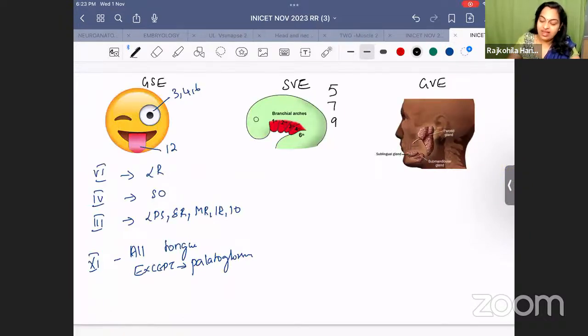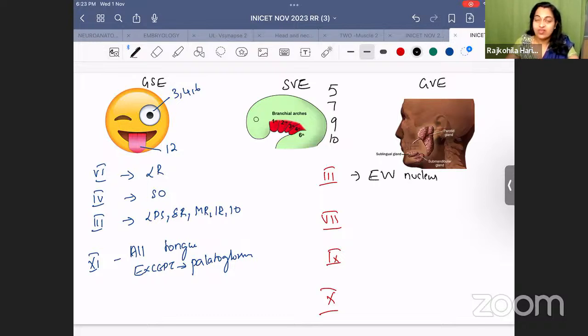5, 7, 9, 10. Coming to general visceral efferent, which means that they are going to be related to the parasympathetic component. Yes, tip of your fingers, can you tell me what are those nerves? 3, 7, 9, and 10. What is the parasympathetic nucleus of the third cranial nerve?